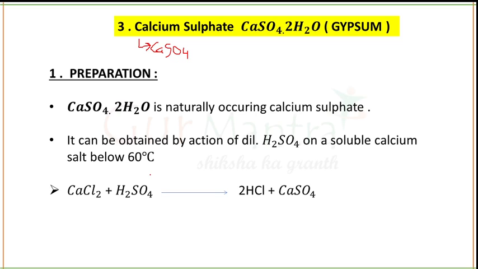You have to learn this point: when you react a calcium salt such as CaCl2 with dilute H2SO4 below 60 degrees Celsius, you will get CaSO4 plus 2HCl. But this temperature should be below 60 degrees Celsius.